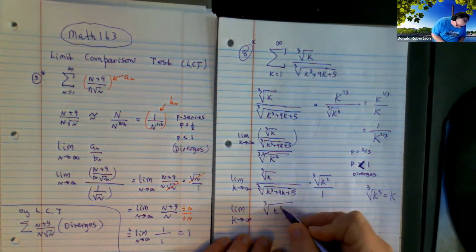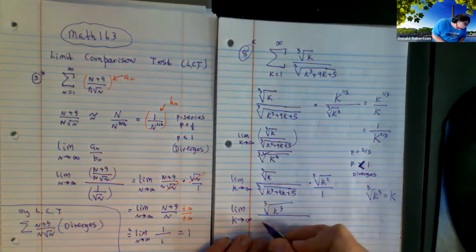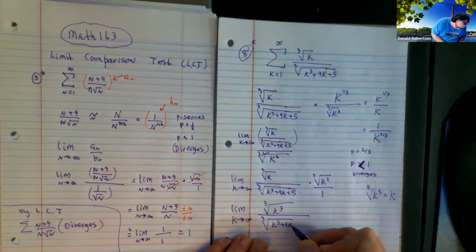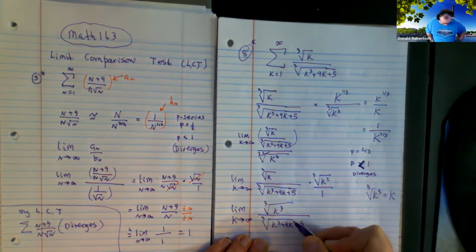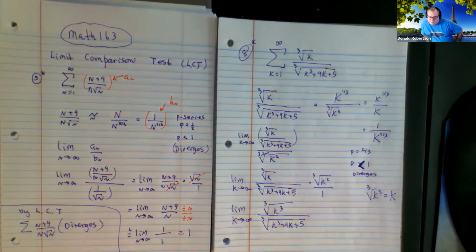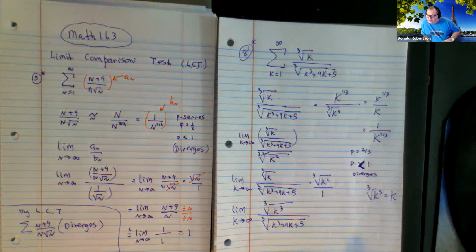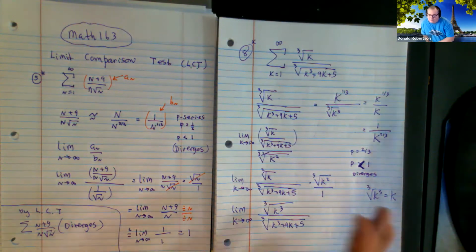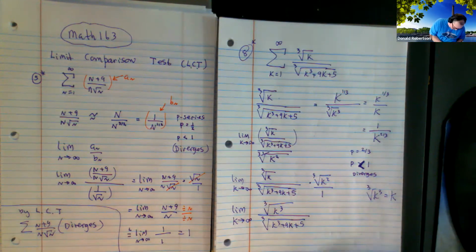I'm going to leave it as that fellow. And the reason I'm leaving it as a cube root is that I want it to play well with the other cube root, right? I want to keep things kind of the same look. That way they can combine them a little bit better.